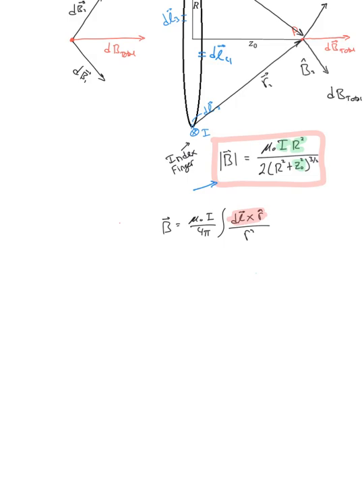So if I had to write down the magnetic field at that point P, I would write mu naught I r squared over 2 times r squared plus z naught squared to the 3/2 i hat, because the vector points directly to the right in the i hat direction, and the magnitude is given by our equation here.